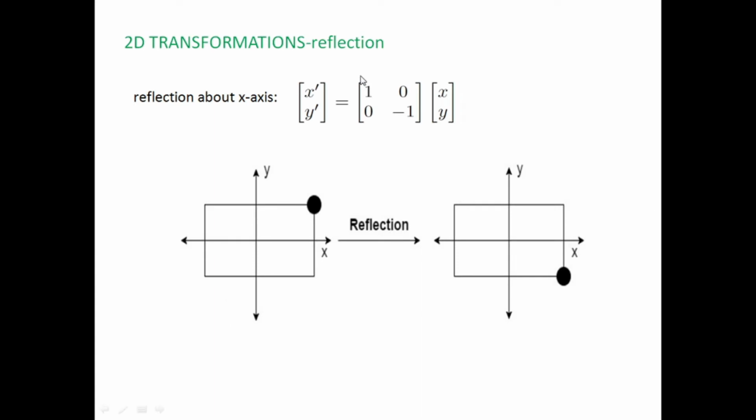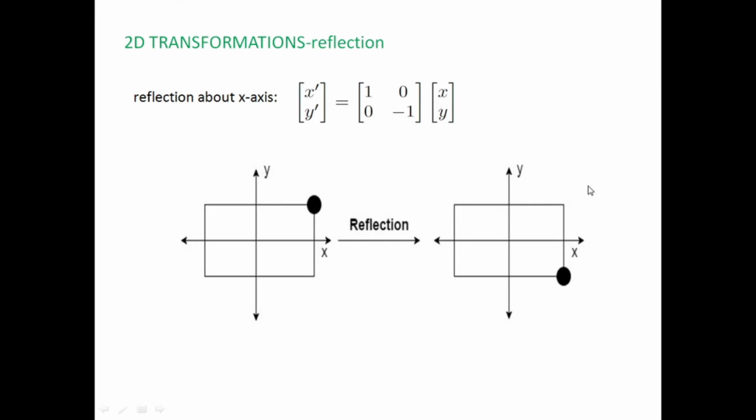Okay, we have one more kind of transformation, that is reflection. So I have a point here in the 2D space. This point is being reflected. It is a mirror image for this point. That means here x is not changed, only y got its mirror.